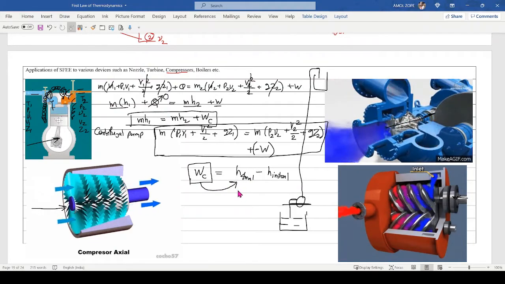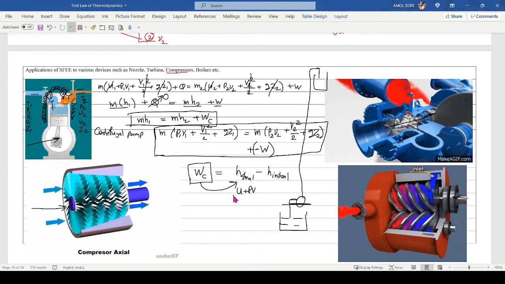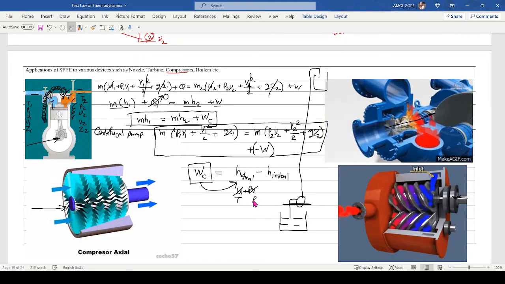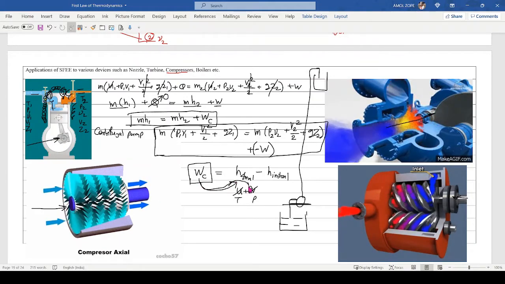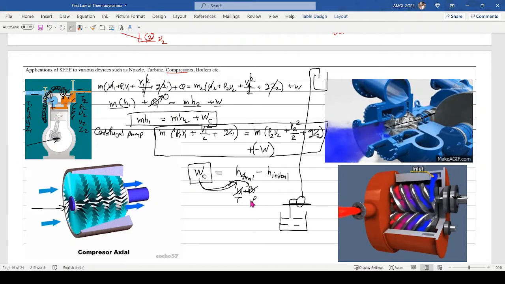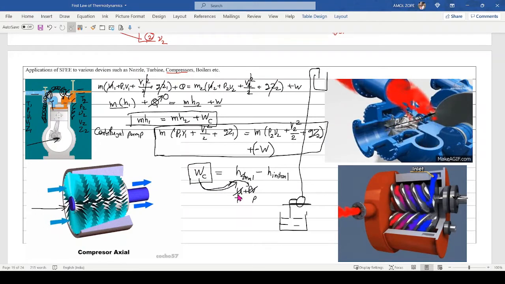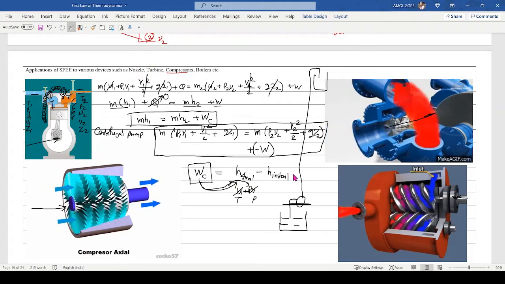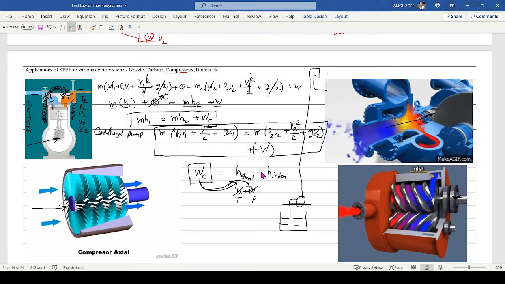Now an increase in enthalpy means U plus PV. So if internal energy and specific volume are not changing, meaning temperature and density are not changing, then the work will have a direct effect on the pressure. So basically pressure increases when we supply work energy. Okay, so the equation which we have written right now is the application of the steady flow energy equation to the compressor.